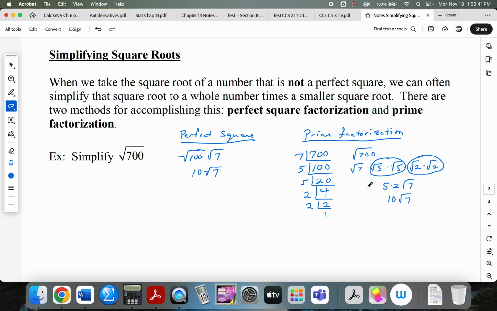Now, to speed that up a little bit so you don't have to write all this out, what most people do is this. The square root of 5 times the square root of 5 is 5. The square root of 2 times the square root of 2 is 2. And I still have a square root of 7 left. So that you don't have to write all of this out.